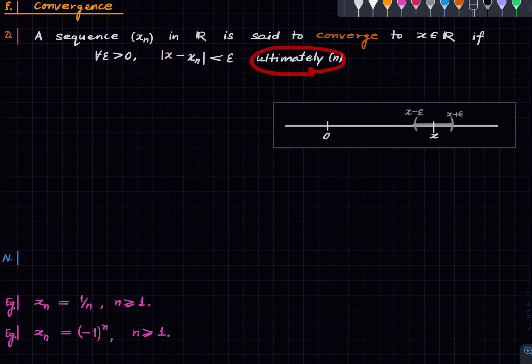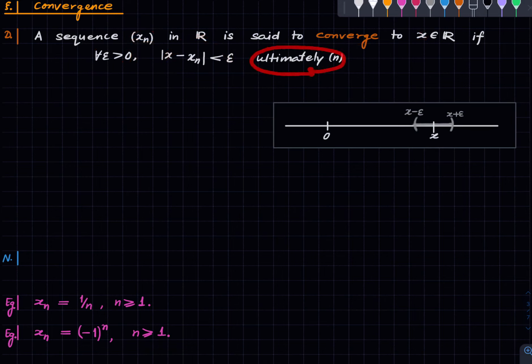Also, if xn converges to x, this is more of a definition. If a sequence xn converges to x, we say x is the limit of xn.